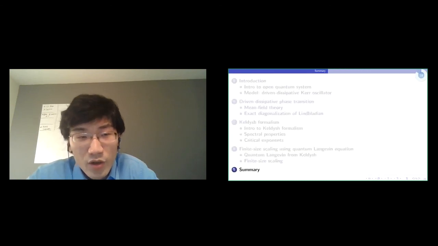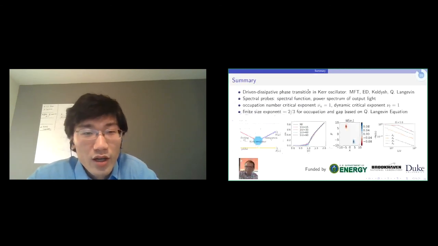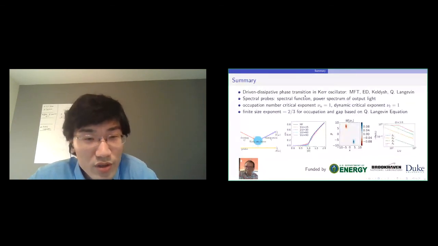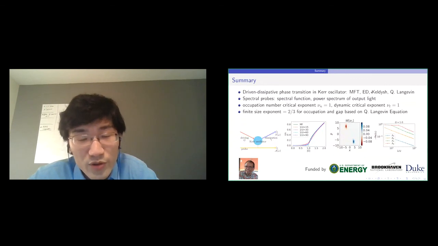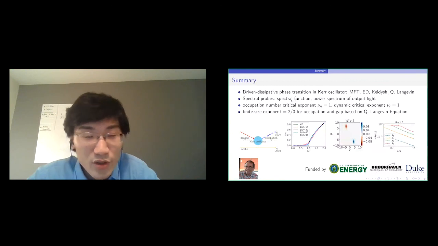So, in summary, we have seen that there's a driven-dissipative phase transition in a very simple Kerr nonlinear oscillator, using mean field theory, exact diagonalization, Keldysh formalism, and the quantum Langevin equation. We have shown some spectral properties at the thermodynamic limit, for example the spectral functions and power spectrum.